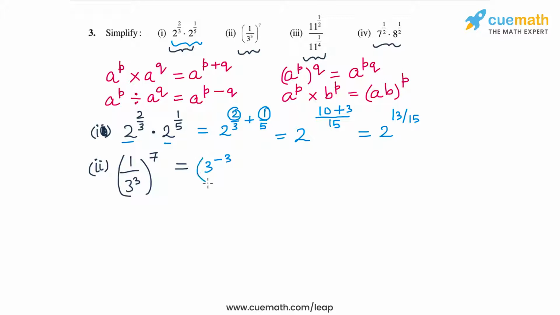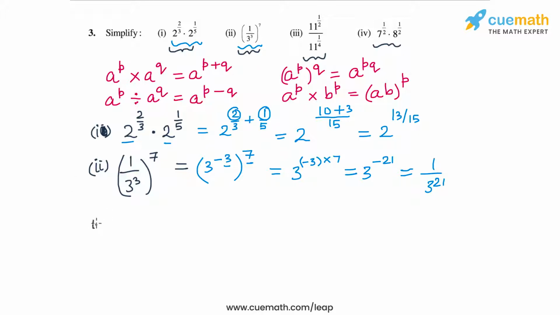So 3 to the power minus 3 raised to the power 7, and in this case the exponents will multiply. So I will get 3 to the power minus 3 times 7, or 3 to the power minus 21. Now I can write this as 1 by 3 to the power 21 if I want my exponent to be positive. So this is the value of the second term.